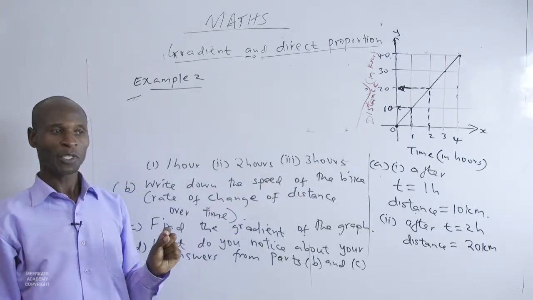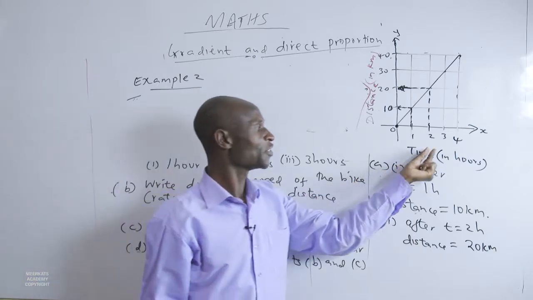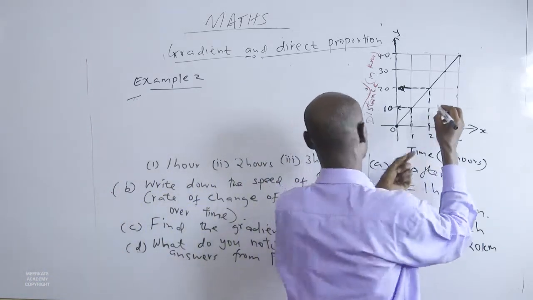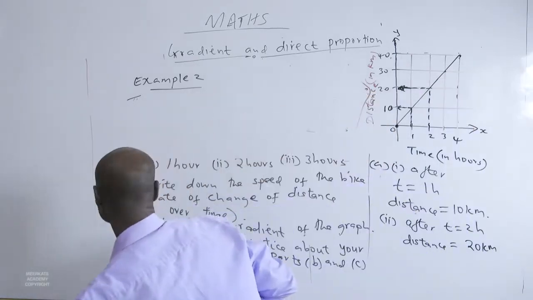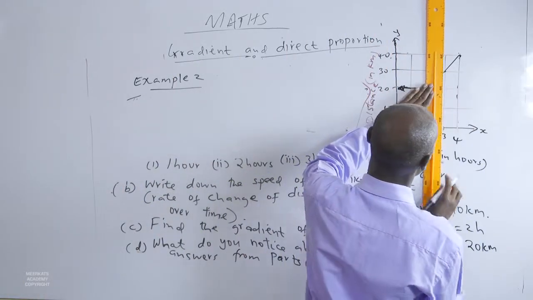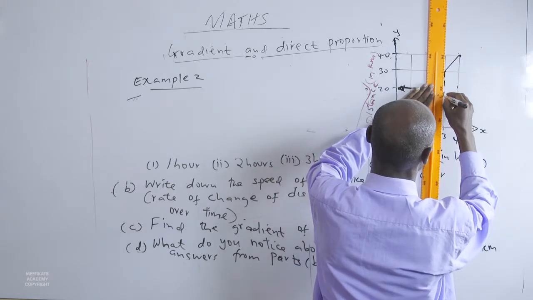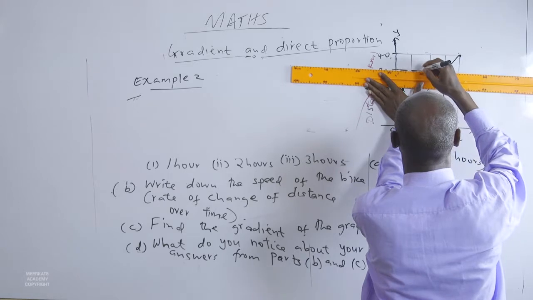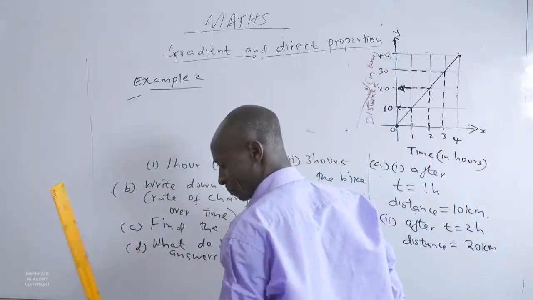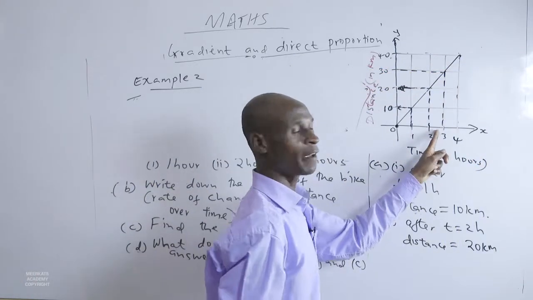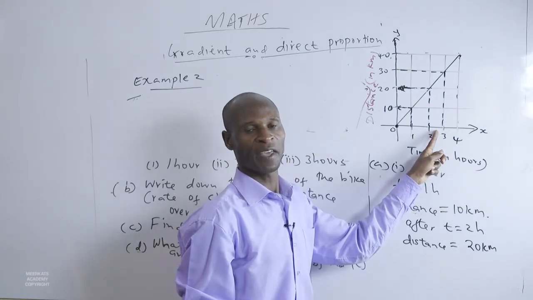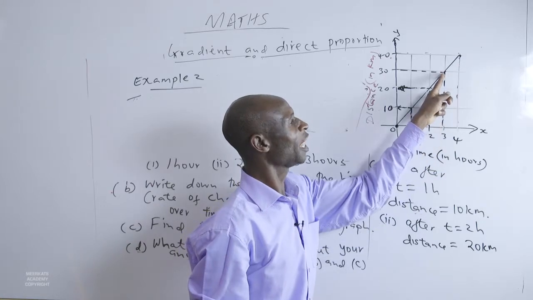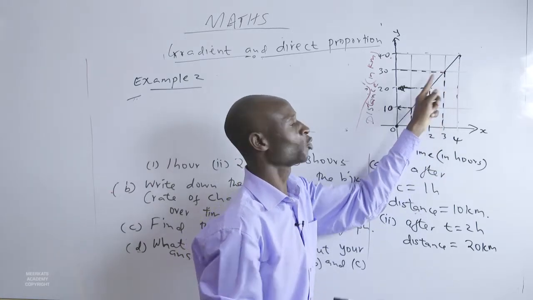So again, we use our graph. Identify where there is 3 on the time axis. Once you identify where there is 3 on the x-axis, you use a ruler to draw a dotted line up to your graph.